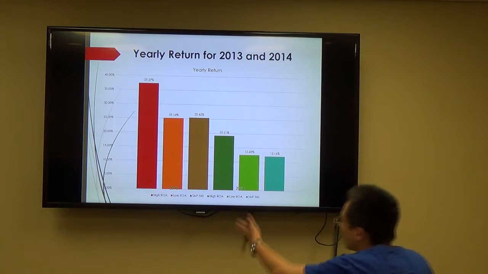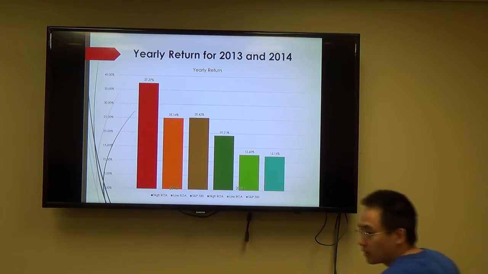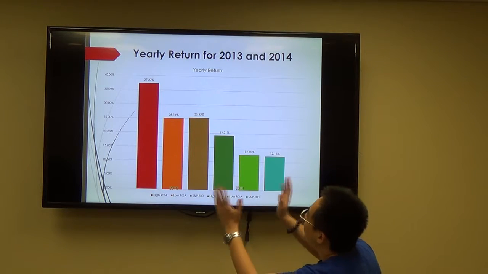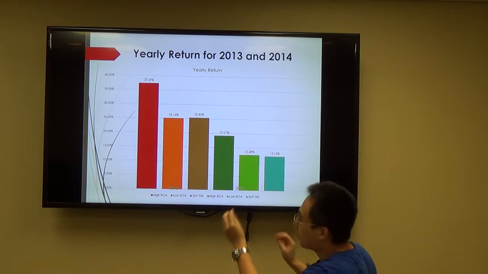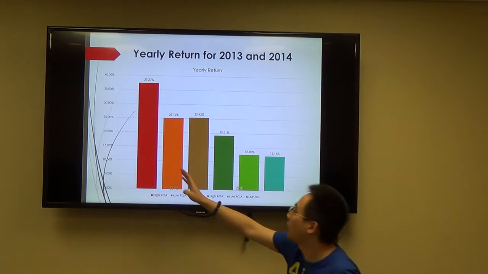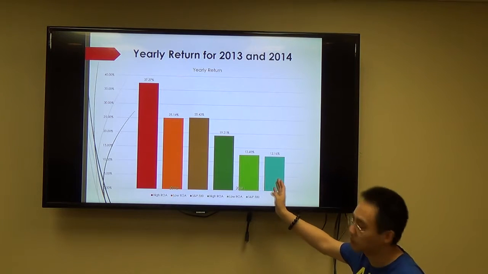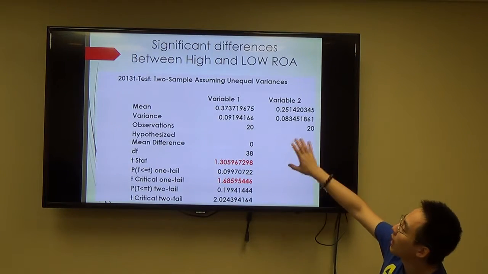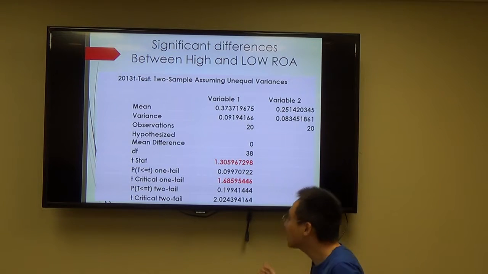So from those charts, can we find a significant difference in the stock price change between the higher ROE companies and the lower ROE companies? So I use a statistical model to calculate my data.